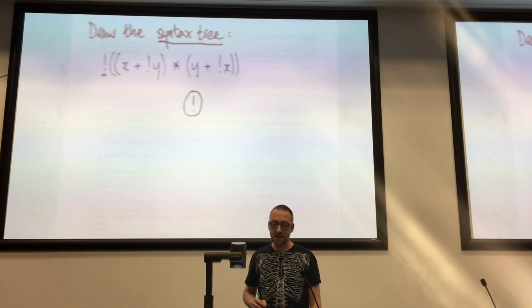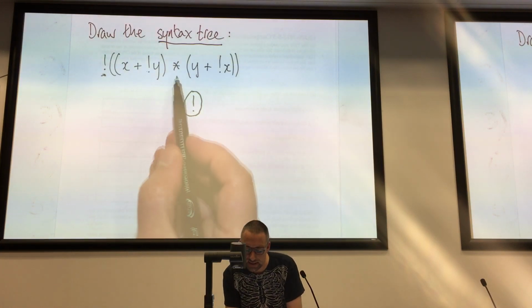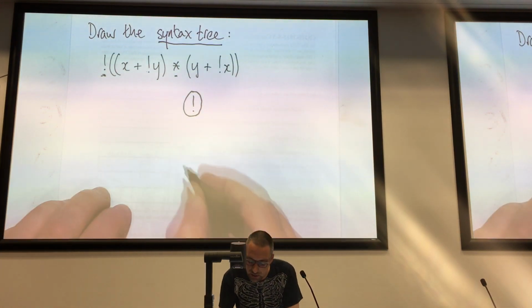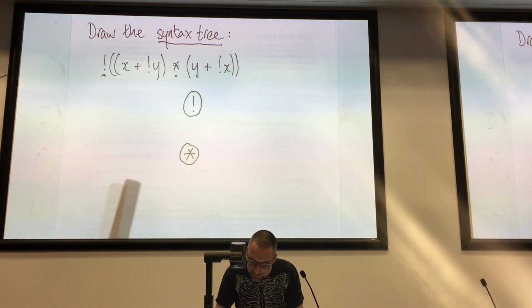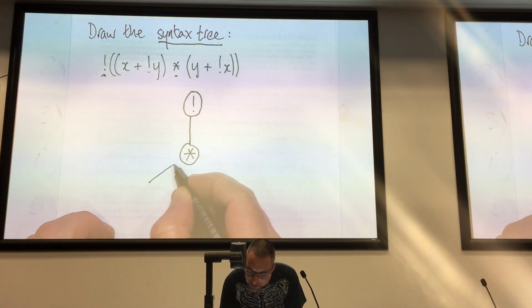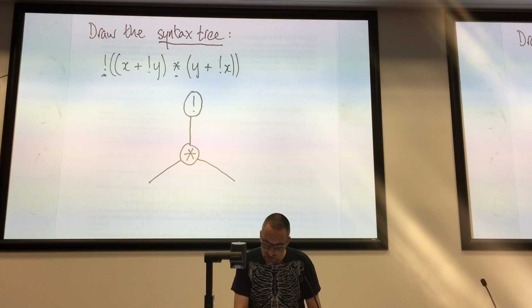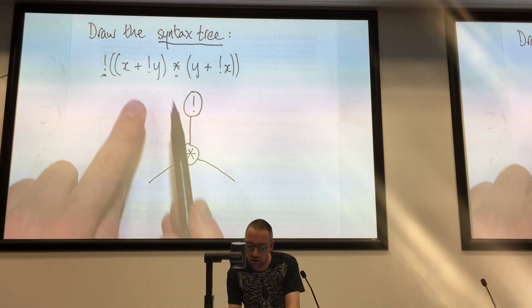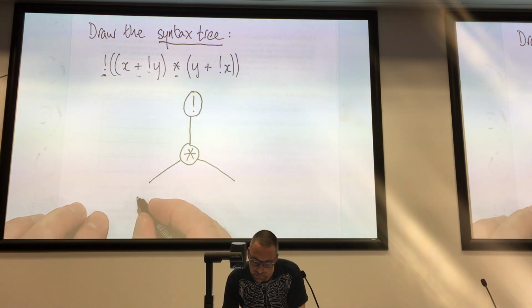And then what is getting notted? Well, this and is getting notted. So we've got an and here. An and has two subformulae. So what's the left subformula of the and? It's this or.